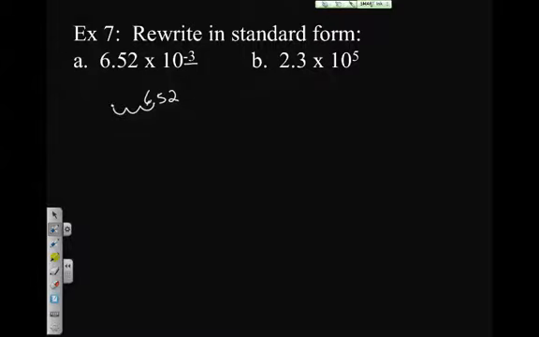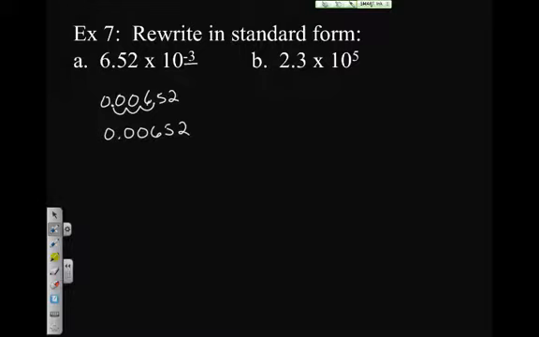So our decimal point will be right there. Now we can't just leave those spaces blank, we have to fill them in with zeros. So our answer is 0.00652 when we write that out in standard form.